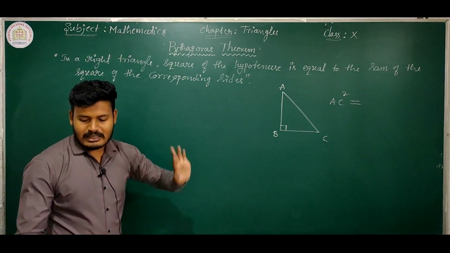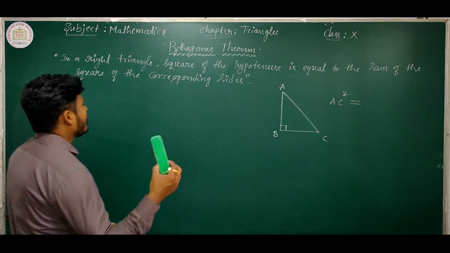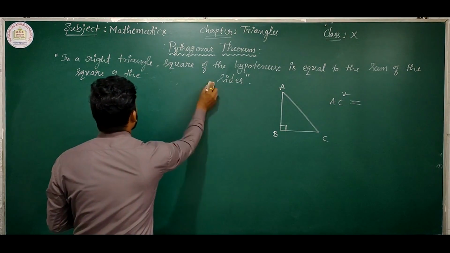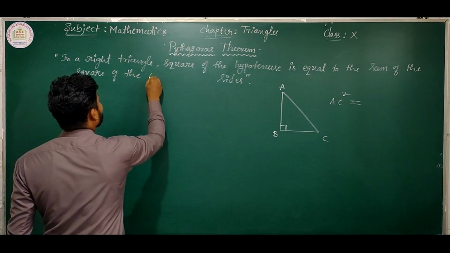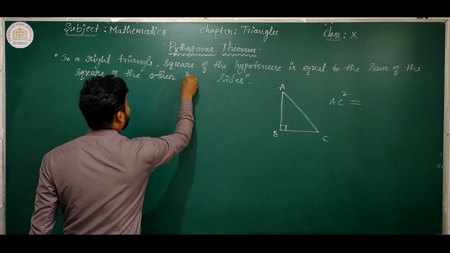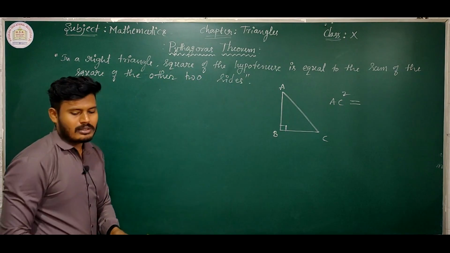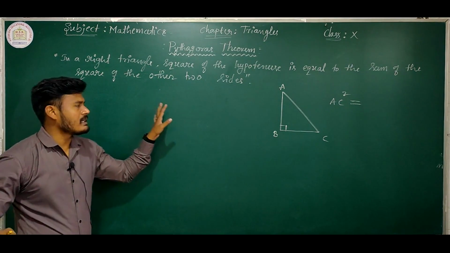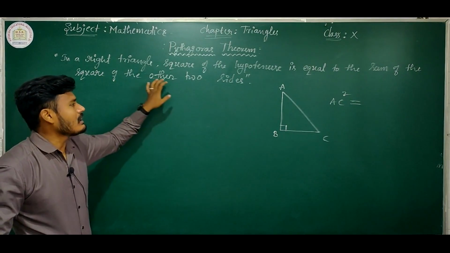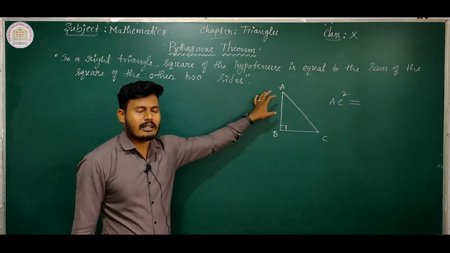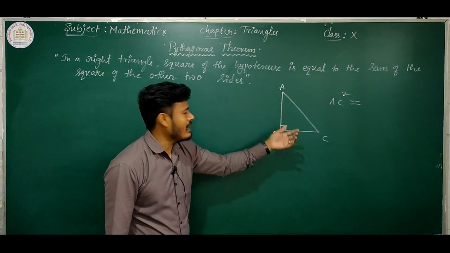Sorry, other two sides, that is not corresponding sides, other two sides. So square of the other two sides. What are the other two sides here? Those two sides are AB and BC.